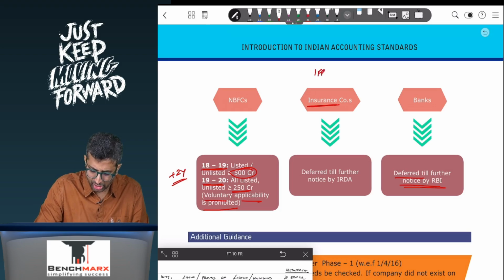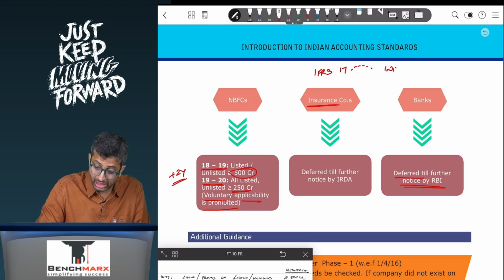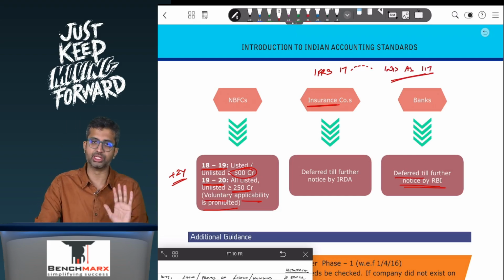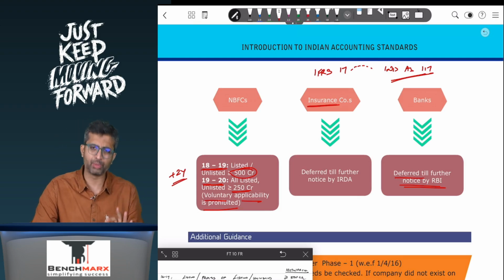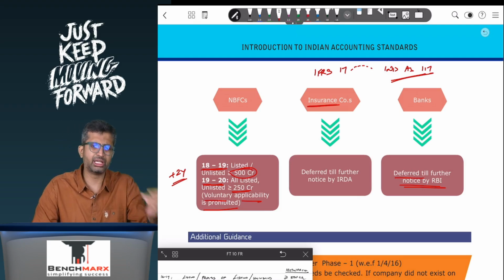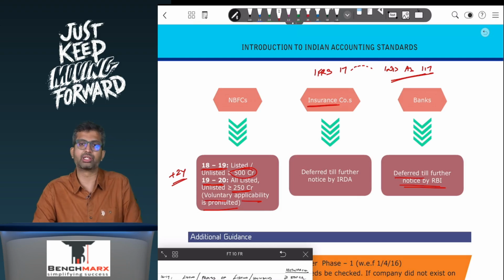There is now internationally a standard called IFRS 17, which will later have an Ind AS 117. As we speak, there is no such mandatory standard which is applicable, but it is a very, very complicated standard because insurance companies are very different as compared to regular companies, and hence Ind AS 117 or IFRS 17 is fairly complicated.